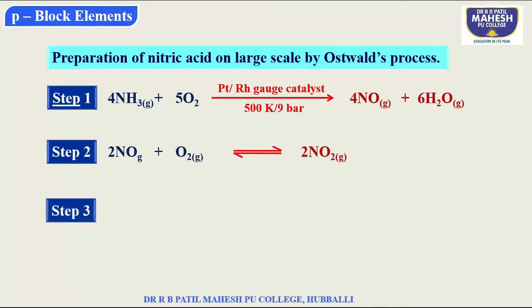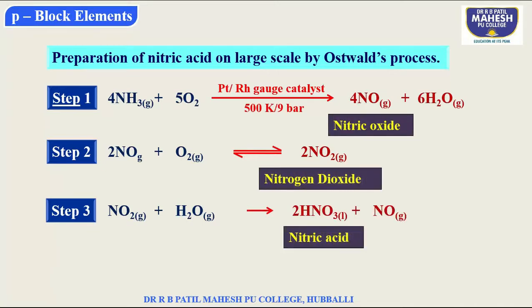In the third step, this nitrogen dioxide is dissolved in water to form nitric acid as a product along with nitrogen monoxide. The nitrogen monoxide thus formed in the third step is once again used as a reactant in the second step to get nitrogen dioxide as the product.